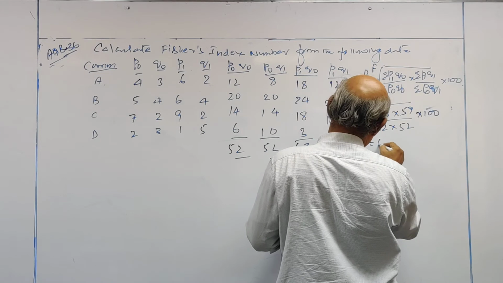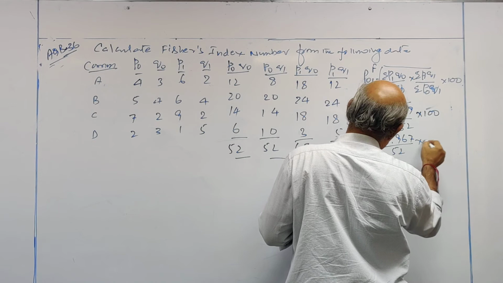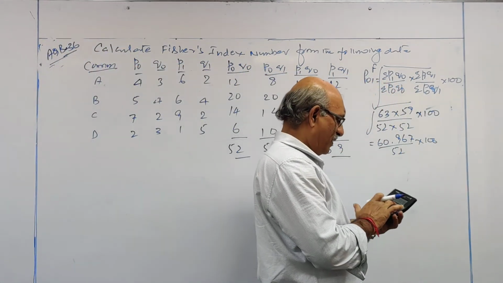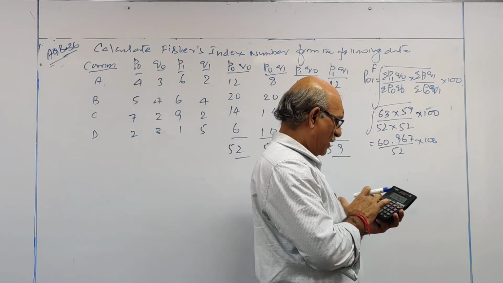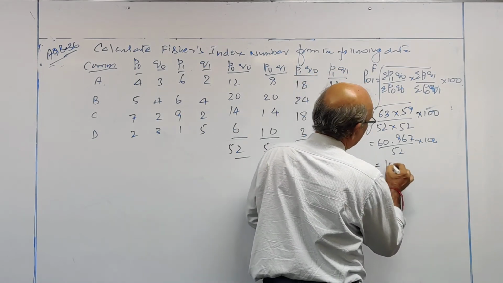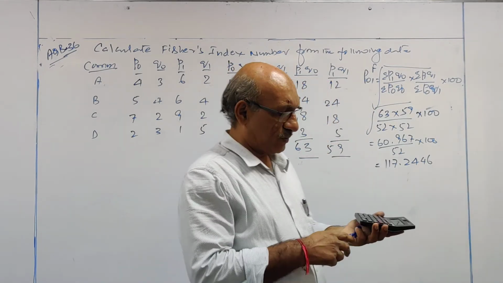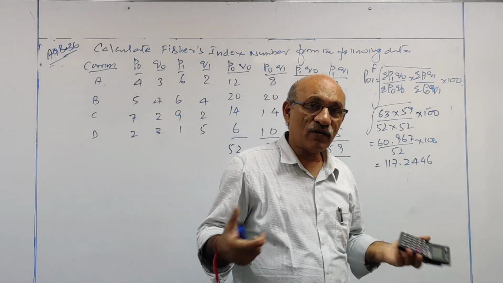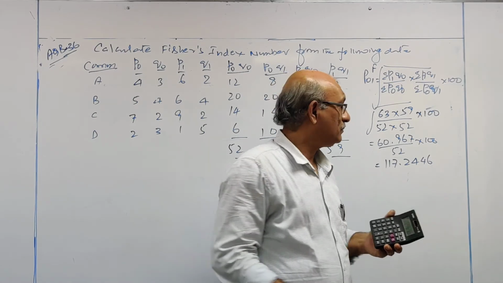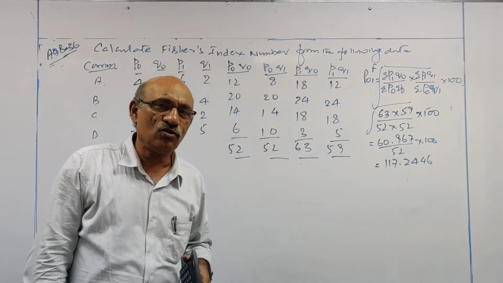So this is equal to 60.967 divided by 52 into 100, which is 117.2446. Again, don't raise a doubt. After decimal, how many numbers we have to take up? 1 or 2 numbers enough. So Fisher's index number value is 117.2446.